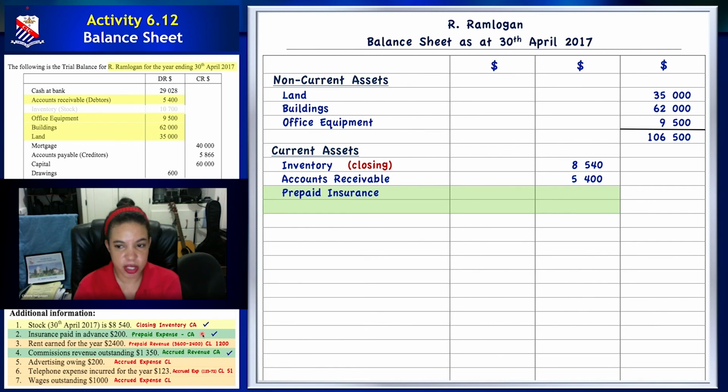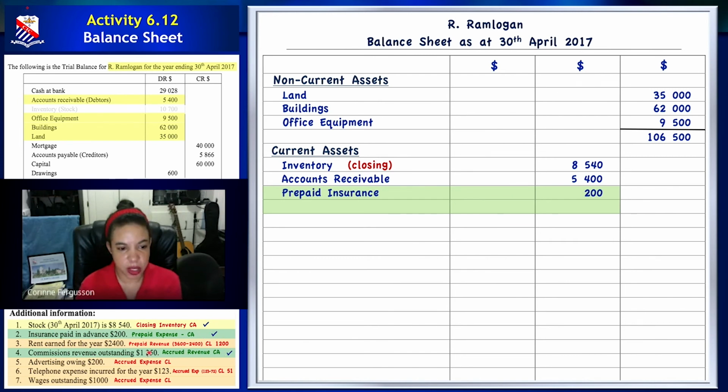And your prepaid insurance is 200. This was nice and easy. And then your second one would be your accrued commissions revenue. And that is 1,350. Very nice and easy. So you have your 2 current assets.